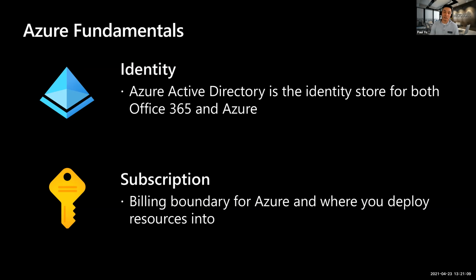Well, without identity, you can't do anything either. To do any work in Azure, you need, number one, your identity, and number two, a subscription. Once you have those two things, you can log in, view your subscription, and start deploying resources into it. Like I said, that becomes your billing boundary. That can also act as a security boundary as well.